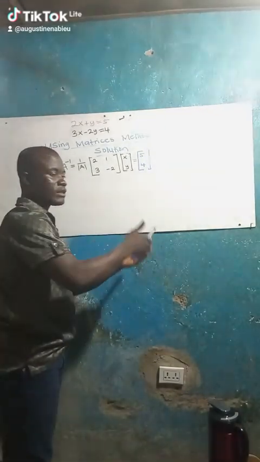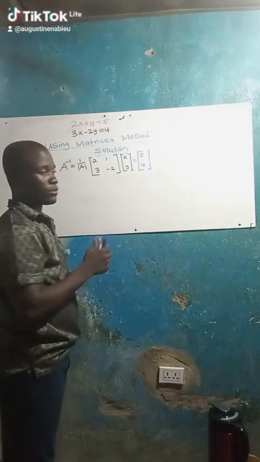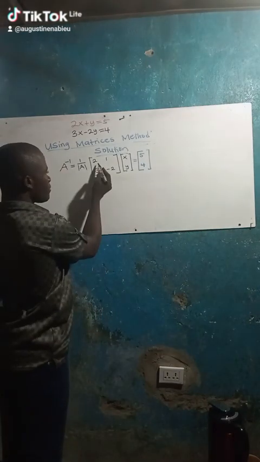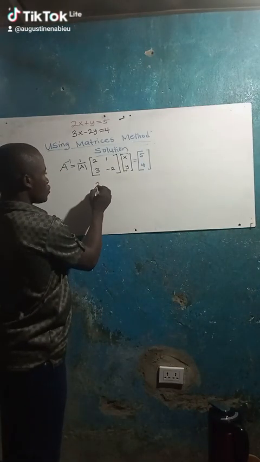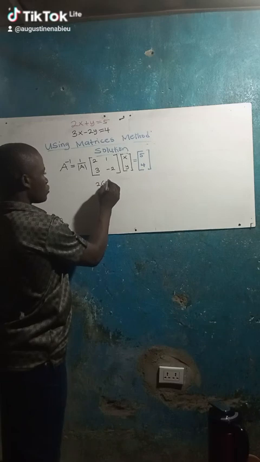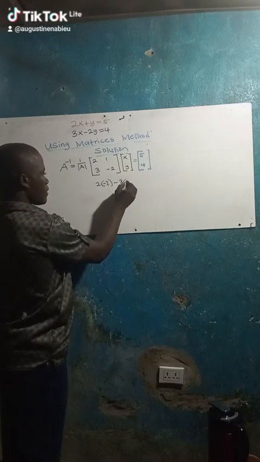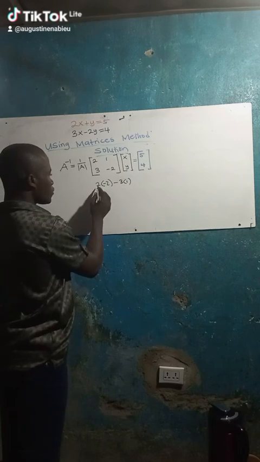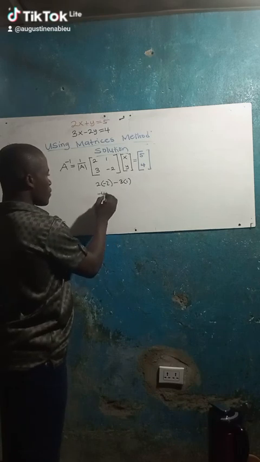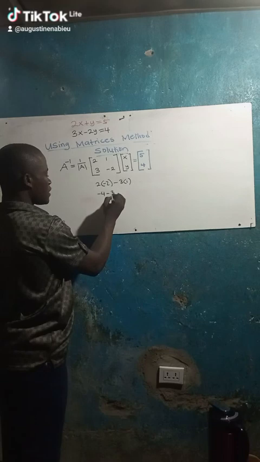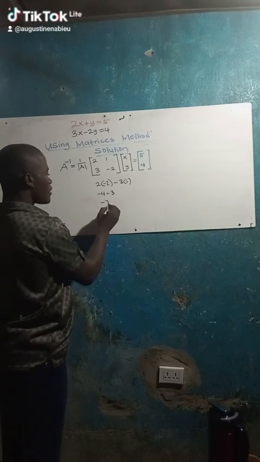How do we find the determinant? It's very simple. We multiply 2 by minus 2, minus the constant 3 multiplied by 1. 2 times minus 2 is minus 4, minus 3 times 1 is 3. It's just equal to minus 7.